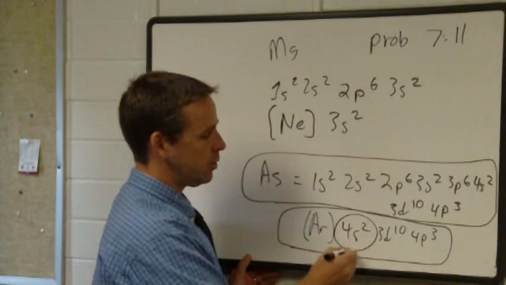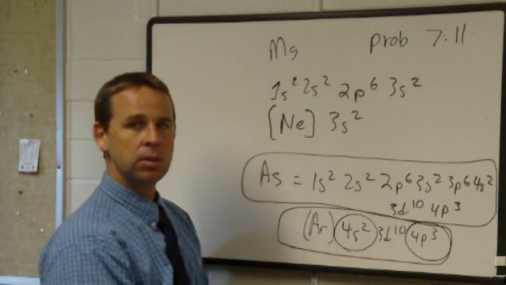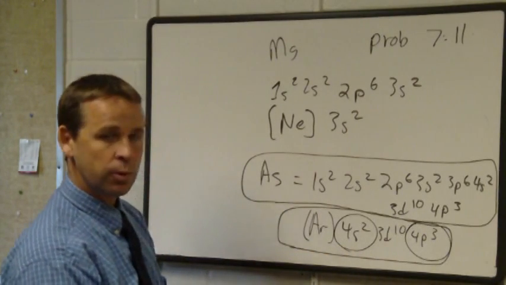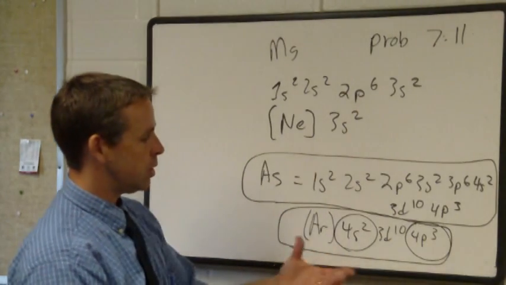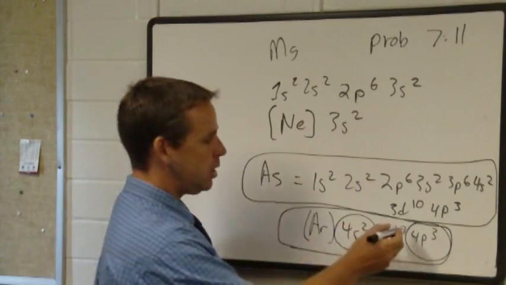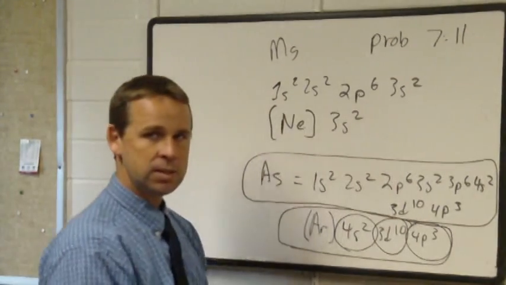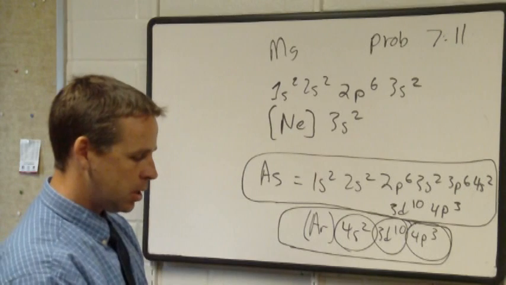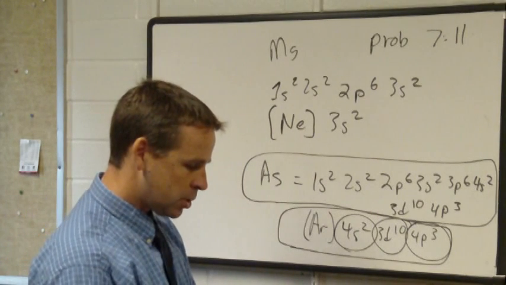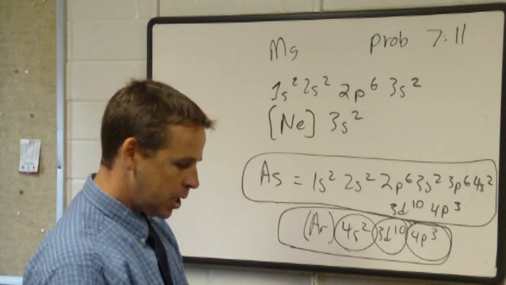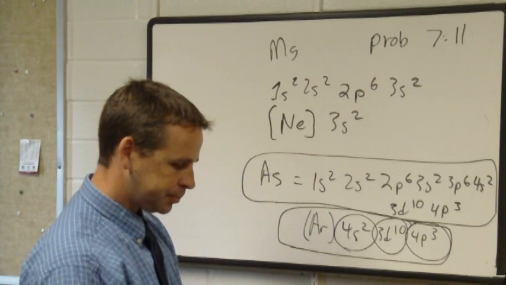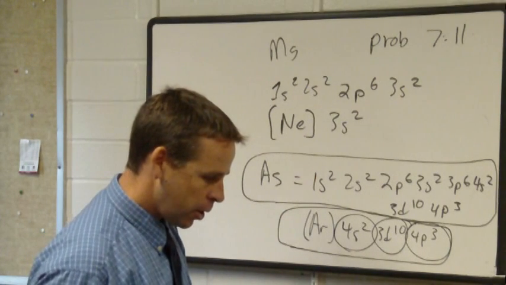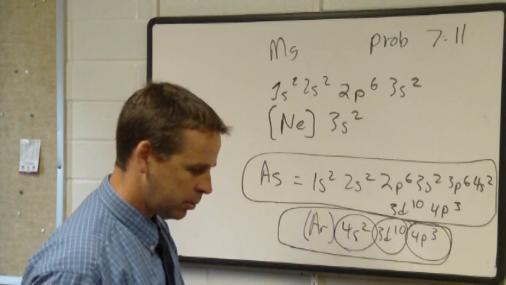No, just the ones that have the highest n value, which is 4 there. So 4s2 and 4p3, that's 5 valence electrons. And then the 3d10 ones are called pseudo-valence electrons. We wanted to show that so that we could think about where our electrons reside in the shell.